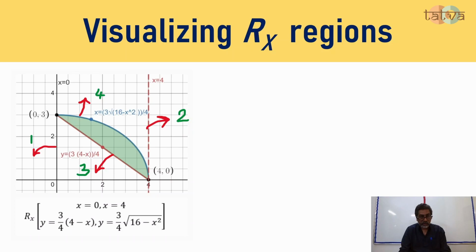I have written that as y is equal to 3 by 4 into 4 minus x, and the upper curve as y is equal to 3 by 4 into square root of 16 minus x squared. You don't have to worry about these y limits because the equations are provided in the question itself, and your job is to only write y as a function of x for both the lower and the upper curves. This is one of the simplest Rx examples.